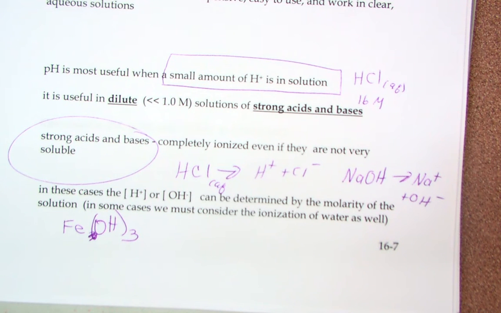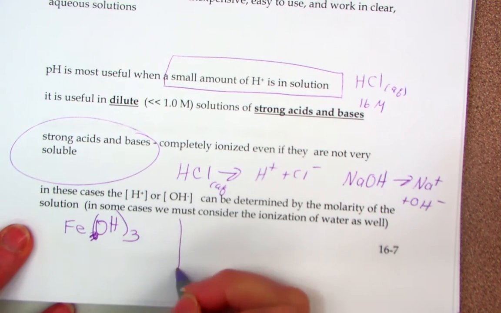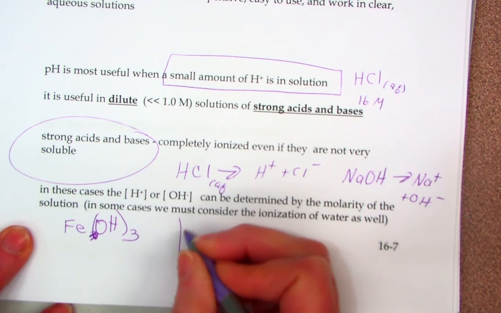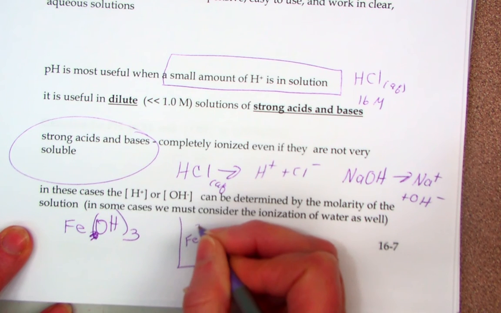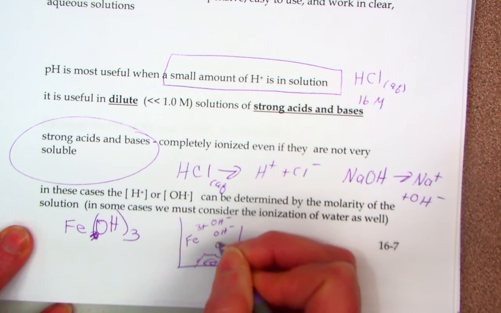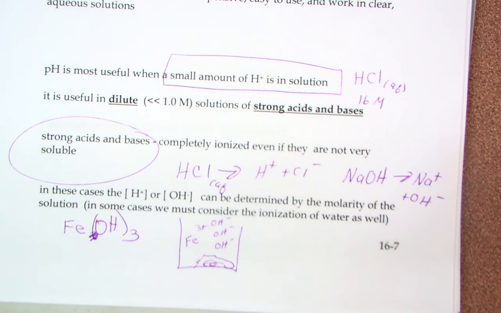But if you could look in there with your molecule-seeing eye, you would see in the beaker lots of solids sitting on the bottom, and then what did dissolve, you would see iron 3 ions and hydroxide ions. So even though this strong base is not readily soluble, what does dissolve ionizes completely. So strong bases ionize completely even if they do not dissolve readily.